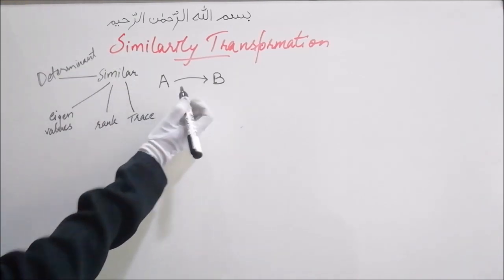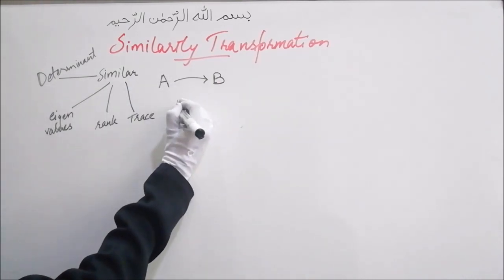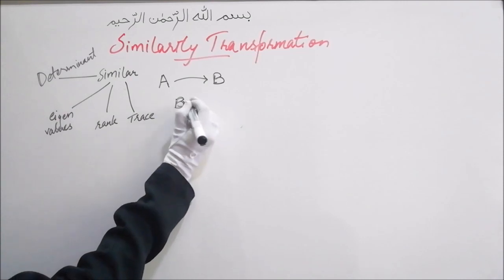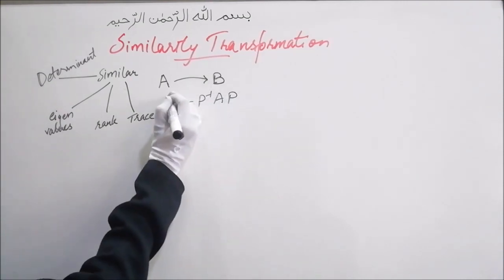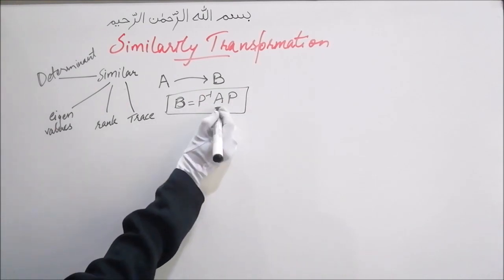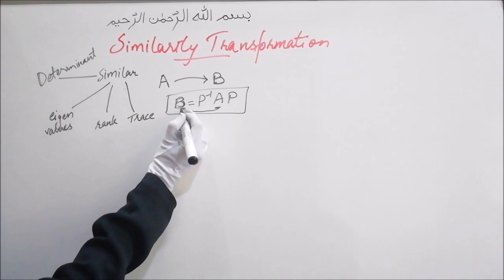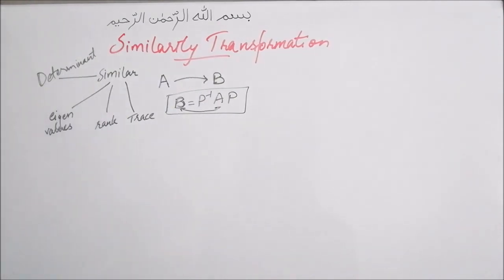So how do you go about doing this transformation? We can do this transformation as B = P inverse A P. Then we can say that matrix A has been transformed into matrix B, where both A and B are similar matrices. Now what is the use of this? This can be used in the diagonalization of a matrix.